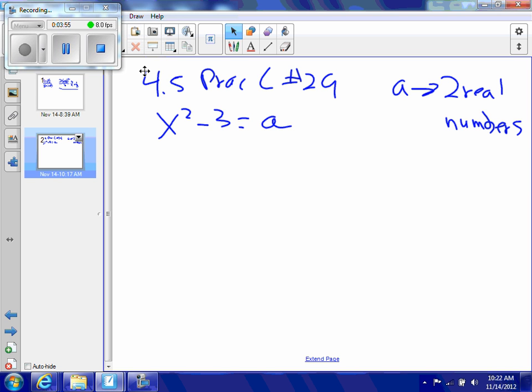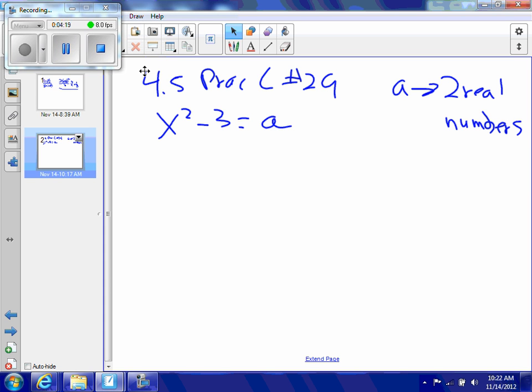So that's what we're talking about with the number system. I want a here to be a real number, so I want it to be on this side of my complex number system.